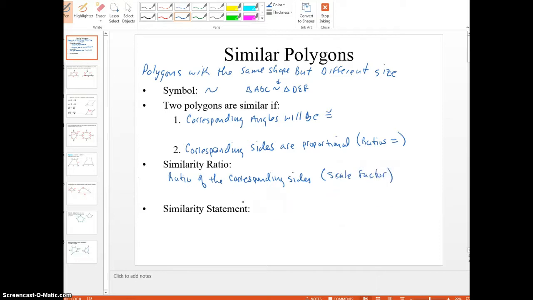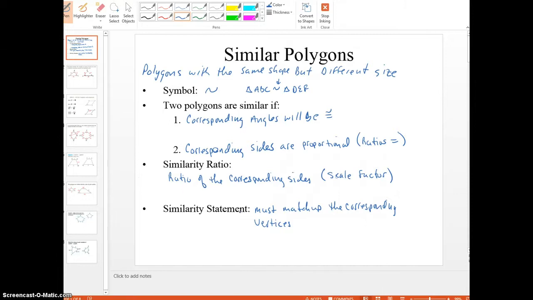Now, just like congruent triangles back in first semester, when we write a similarity statement, you must match up the corresponding vertices. And this will be critical when we get to the next section on similar triangles.